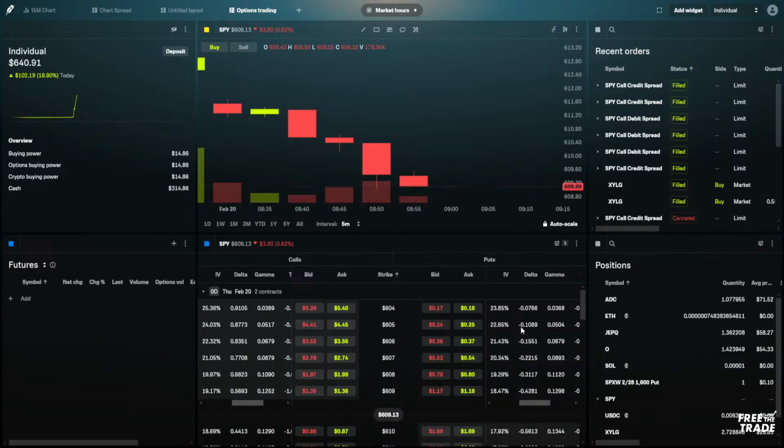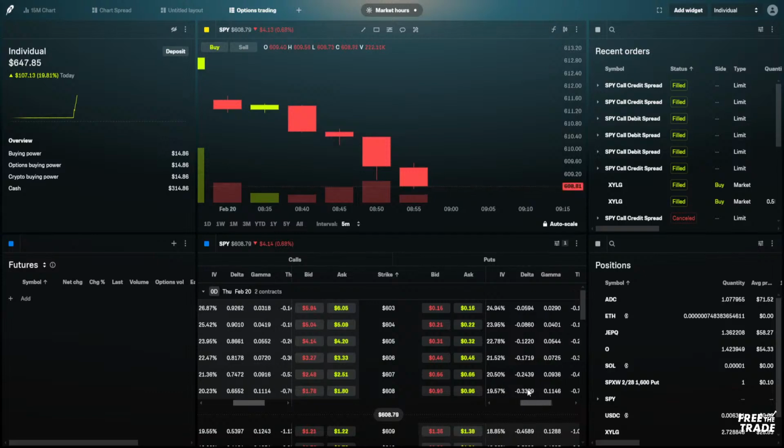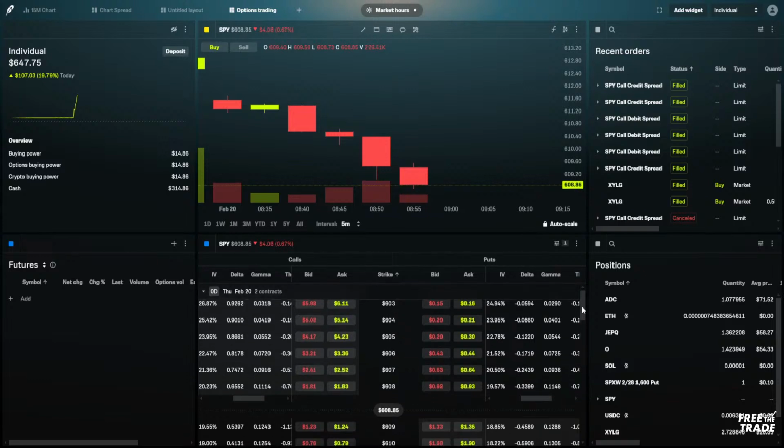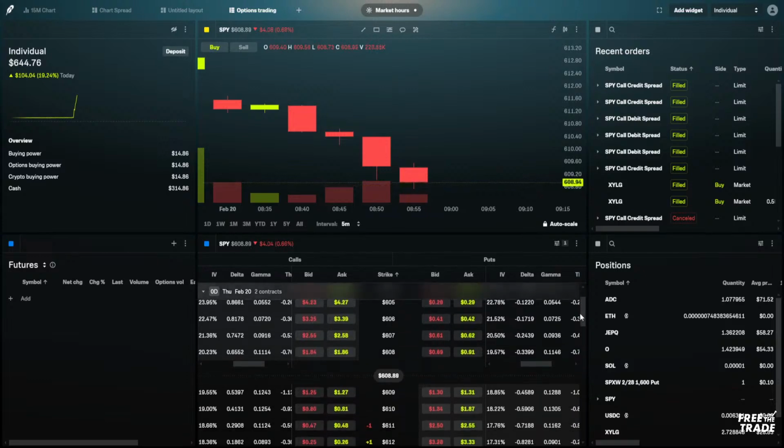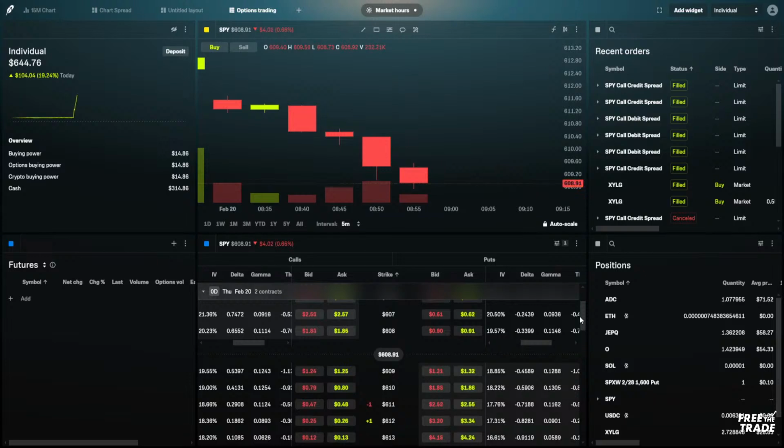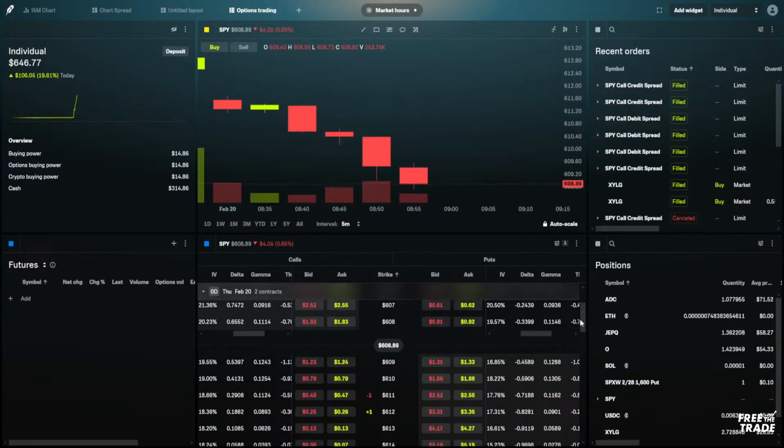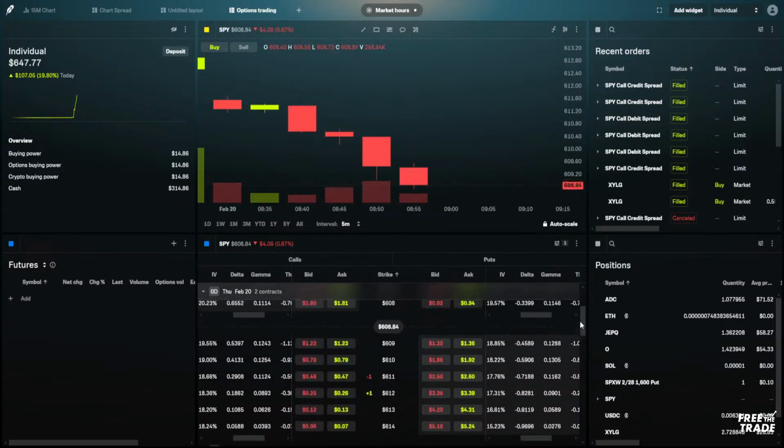I'm okay with the 605s, but the 608, the 40 delta or the 33 delta, I don't know how I feel about that. I would be okay with about a 612, 611, 612 here.